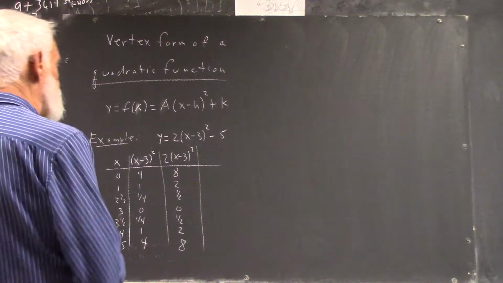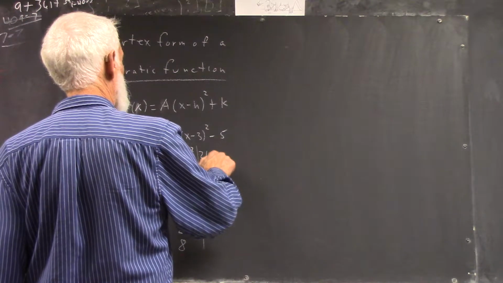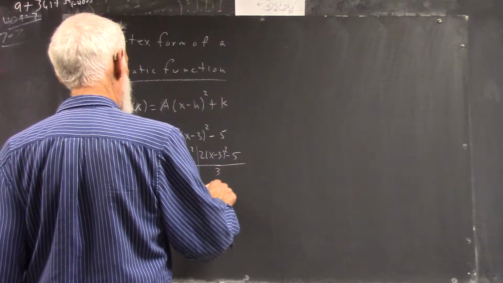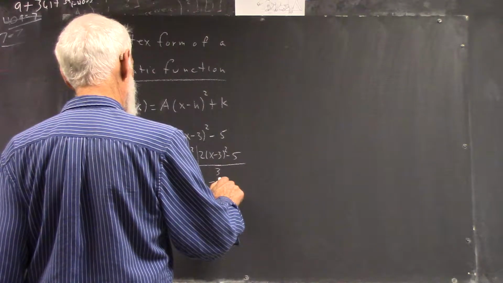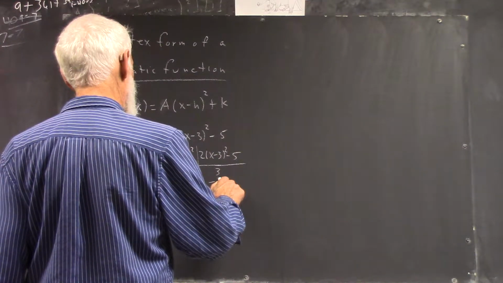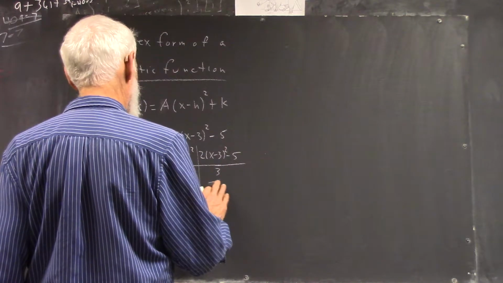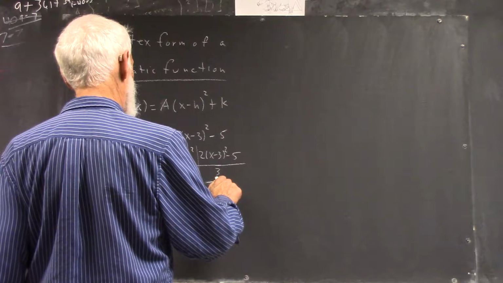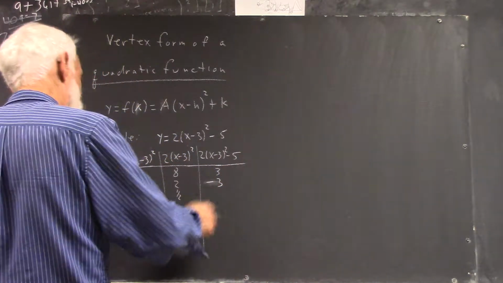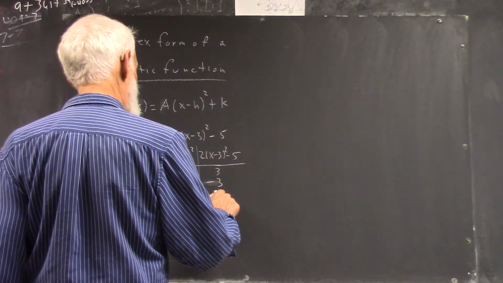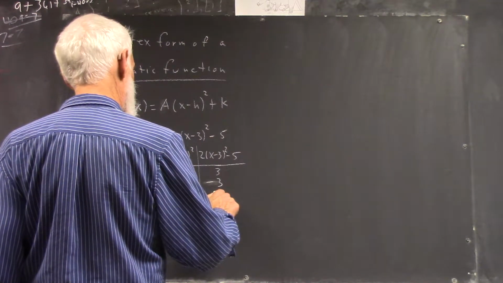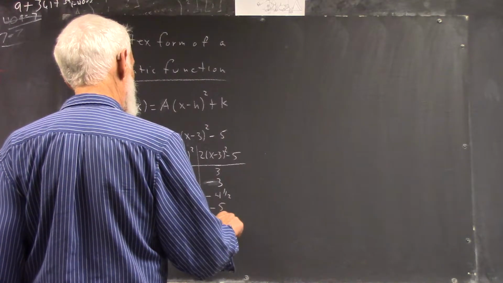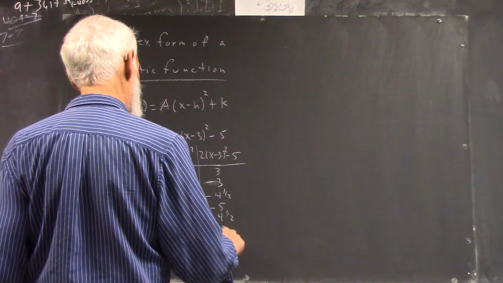Then we could do 2 times x minus 3 squared minus 5, which gives us minus 3, minus 4.5, minus 5, minus 4.5, minus 3.